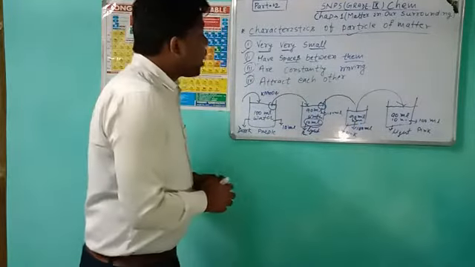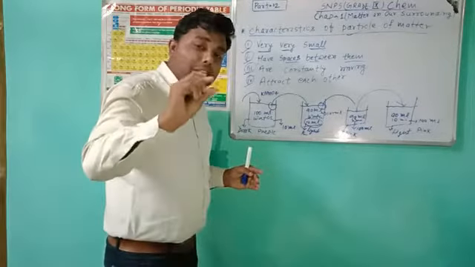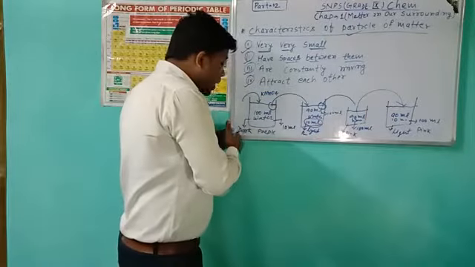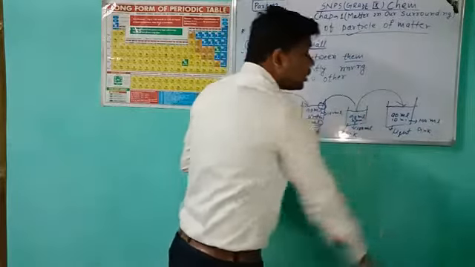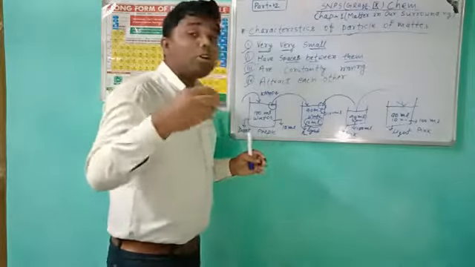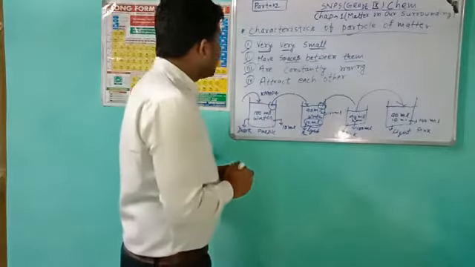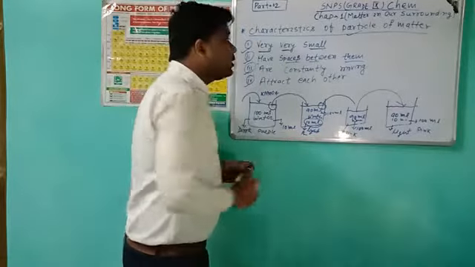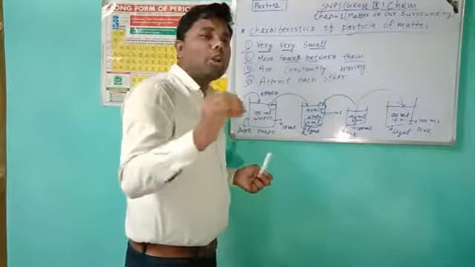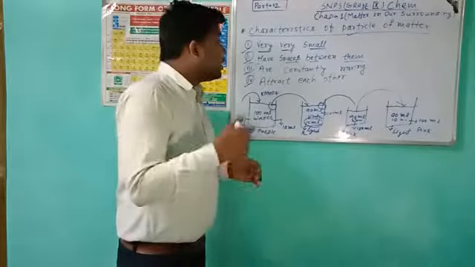It starts from dark and ends with light pink because it contains a lot of particles. In this way, we can say that the particles of matter are very small.